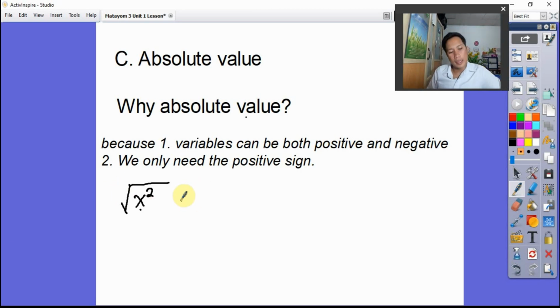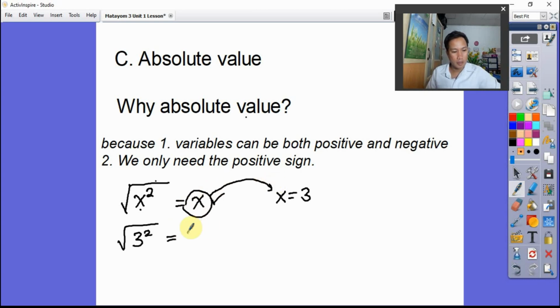So the square root of x squared is equal to x. Maybe you think, oh, it's correct. Actually, no, it's not always correct. What if your x is 3? Yes, it's correct: you have 3 squared, and your x here is 3.